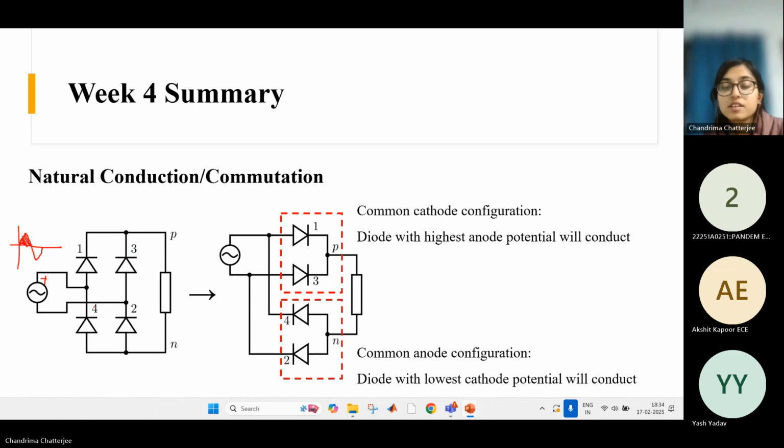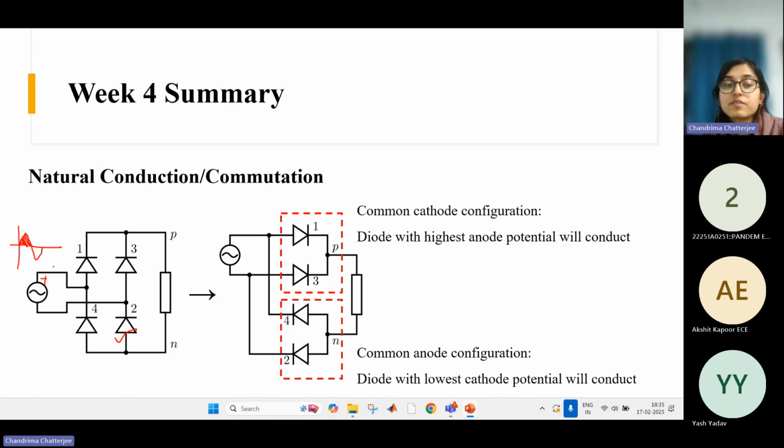Similarly, for the common anode configuration like this bottom one, this circuit is just a rearrangement of the other circuit; they are the same circuits. In common anode configuration it is the opposite: whichever diode has the lowest potential at the cathode terminal will be forward biased. So during this positive half cycle, this diode is forward biased and this diode is forward biased.